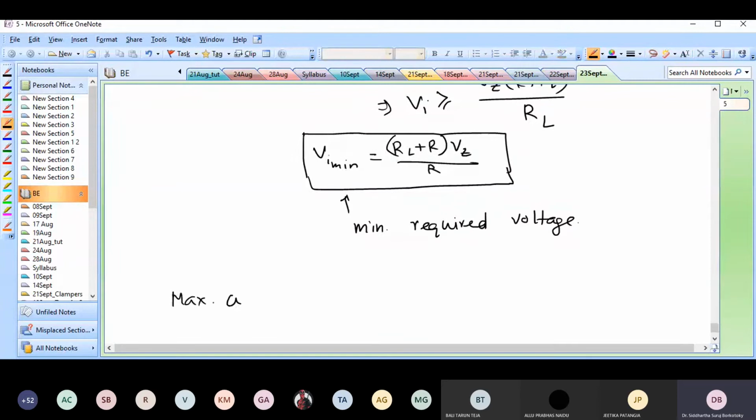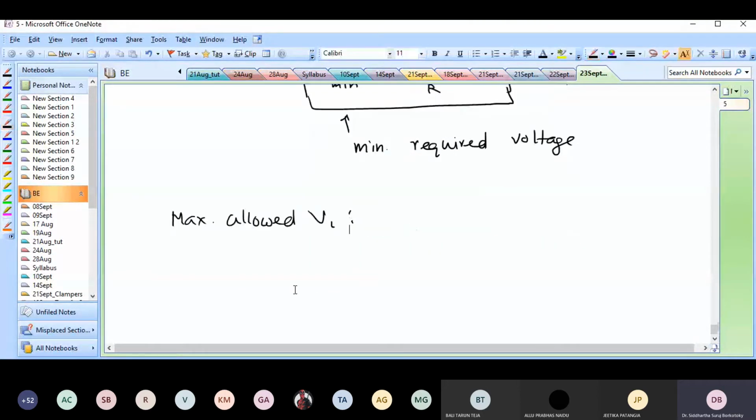What if I keep increasing VI to a very large value? Well, I shouldn't do that, because the maximum allowed VI is determined by the maximum Zener current.